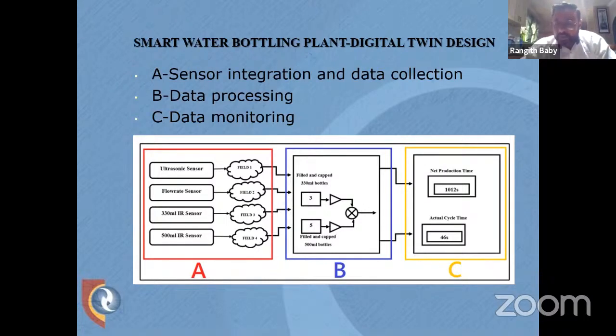So here, what we did was we integrated sensors to the different units. So you'll see that there is a flow rate sensor and an ultrasonic sensor, which is connected to the tank. Then there are IR sensors, which differentiate between the different bottles that we have. And then the data that is collected from this sensor integration unit is then processed on MATLAB. And finally, we use that for monitoring.